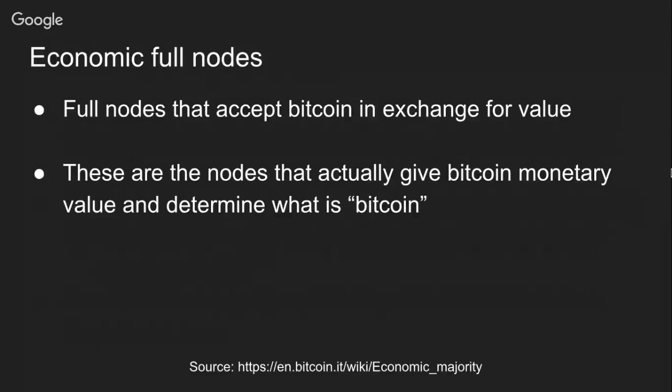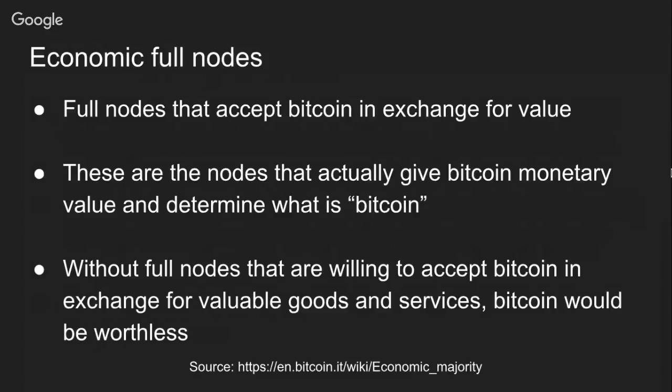And of course, miners will then follow the economic majority so that they can make the most amount of money mining. And so without full nodes that are willing to accept Bitcoin in exchange for valuable goods and services, Bitcoin would basically be worthless. And you can read more about this on the economic majority page of the Bitcoin wiki.